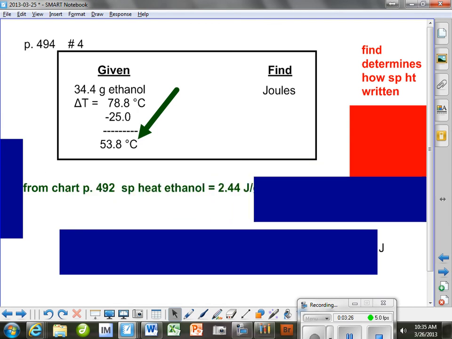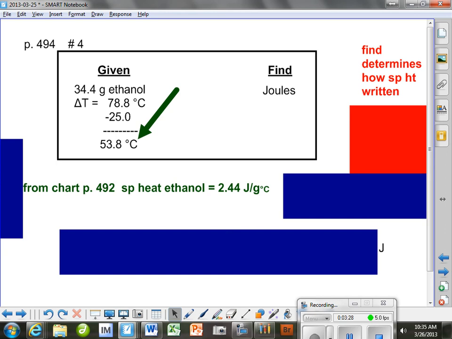And we're going to use the chart to get the specific heat of ethanol. It's on page 492. And the specific heat of ethanol is what we're going to use in our calculation. Now, let's put your attention right back up here.